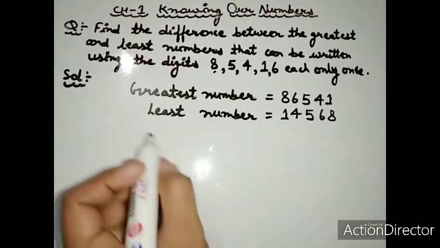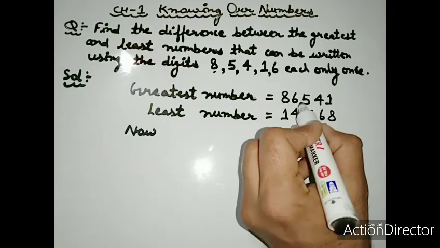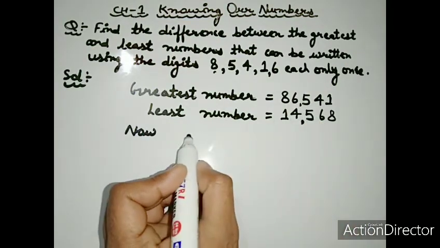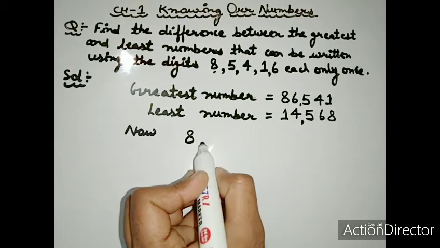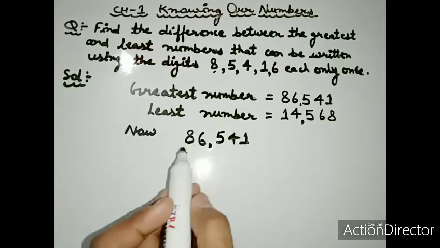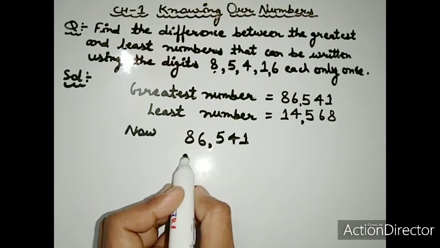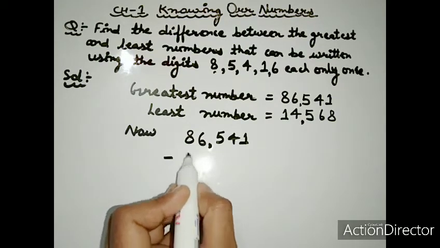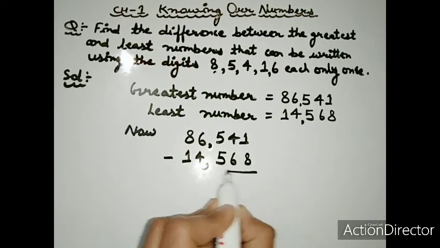Okay students, now we subtract the smallest number from the greatest number. So the greatest number is 86,541 and the least number is 14,568.